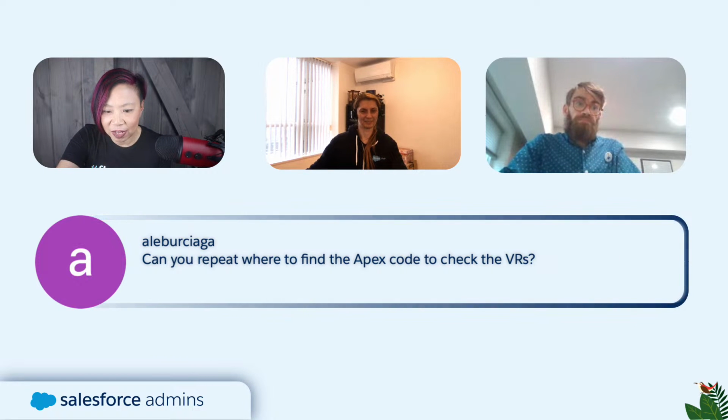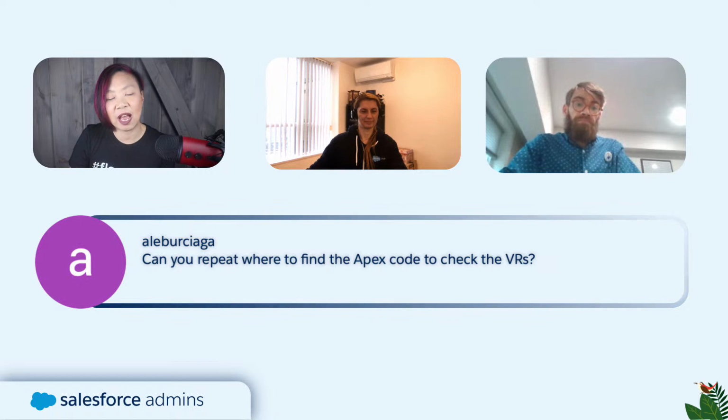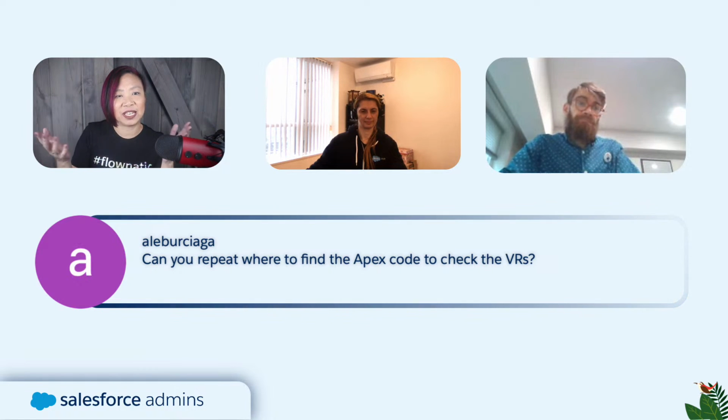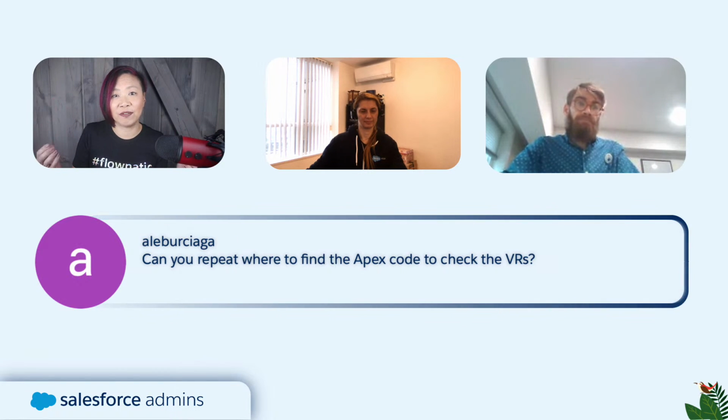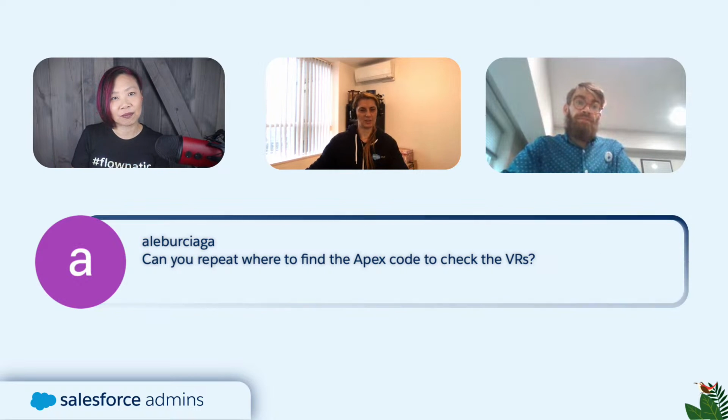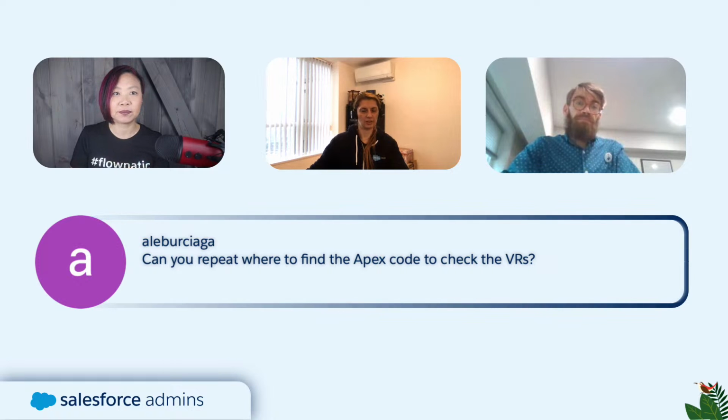Let's see if there are any questions while we wait. What resources do the two of you suggest for the 61% who are out there learning ScreenFlows? How do they get involved? I always suggest Trailhead as a really good hands-on tool.